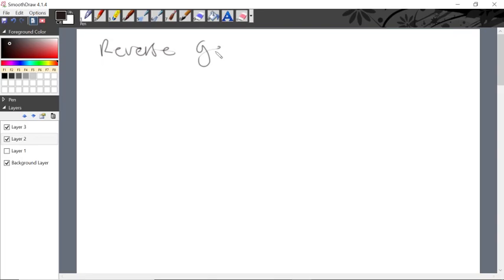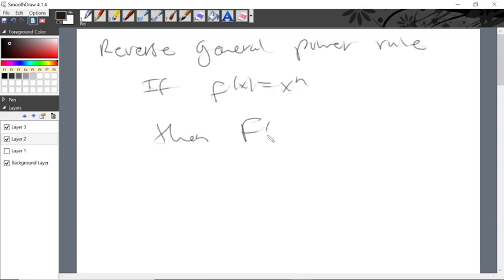Right? Reverse the general power rule. If f of x equals x to the n, okay, then big F of x is equal to x to the n plus 1 over n plus 1, and then plus c. That's if n is anything other than negative 1.